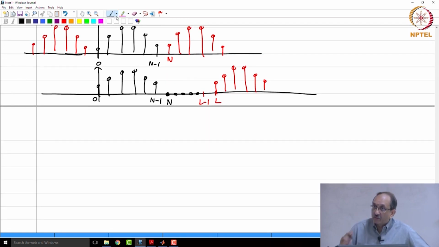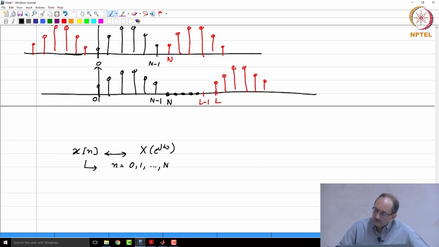The other way of looking at this is, we have already seen what a finer sampling does. The same thing can be obtained by starting off from the time domain. That is, suppose you have x of n, which has DTFT x of e to the j omega, and x of n is defined for n equal to 0, 1 up to n minus 1, and it is 0 outside this interval.